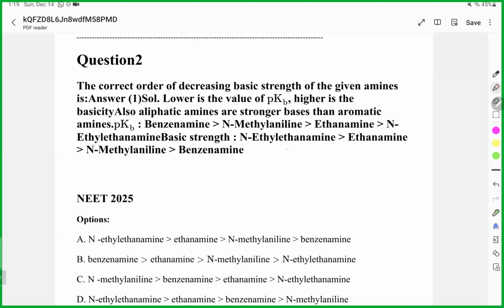First, write N-ethyl ethanamine. It means CH3CH2 and CH2CH3. It means it is secondary. Then ethanamine, primary.